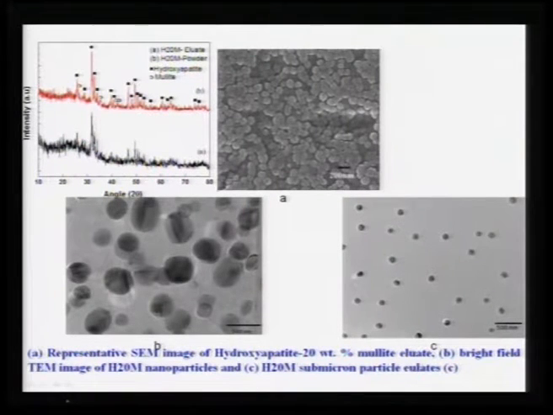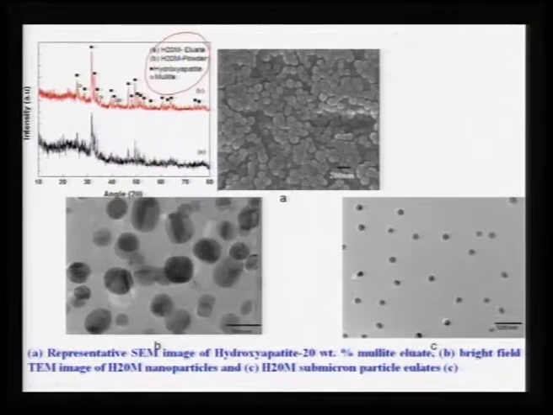So, all those things I will show you, how to carry them out at the laboratory scale. Now, as a case study, I will show hydroxyapatite, which is a bioactive material and which is also the inorganic composition of the human tissue or bone. Now, hydroxyapatite as a monolithic material is very difficult to use because it is very brittle in nature.